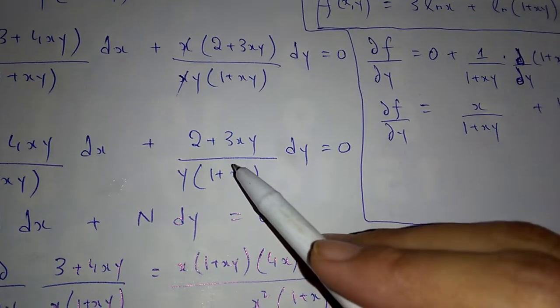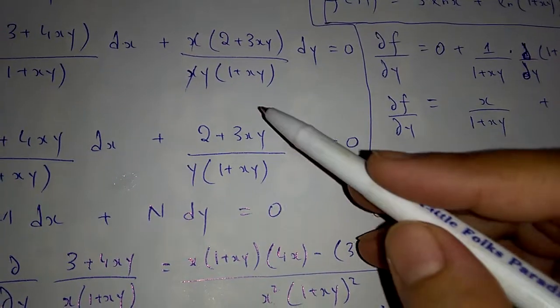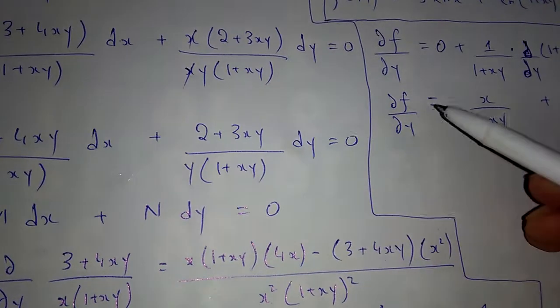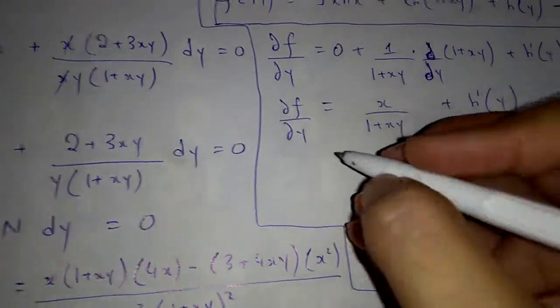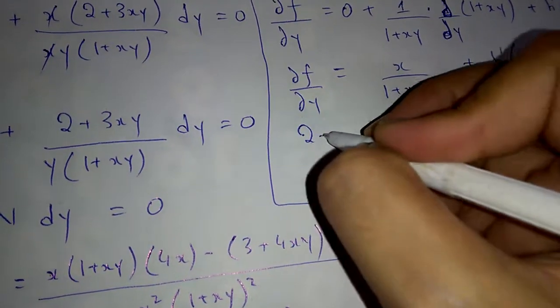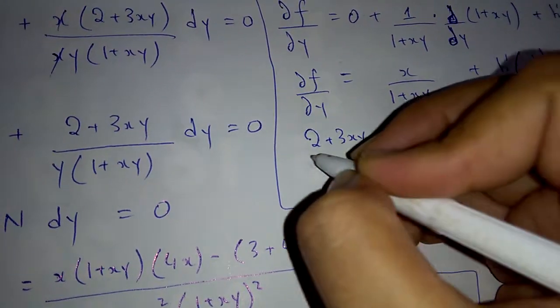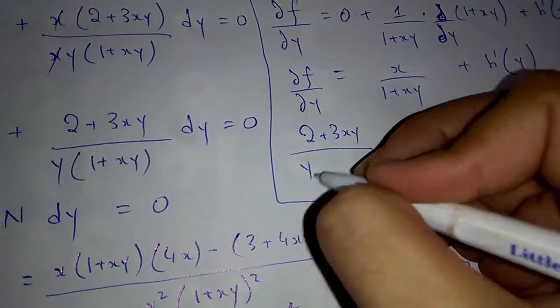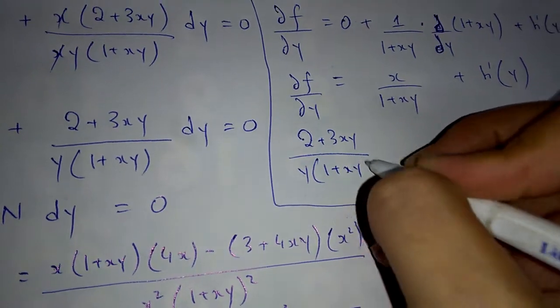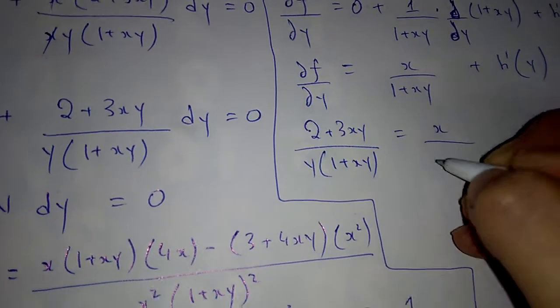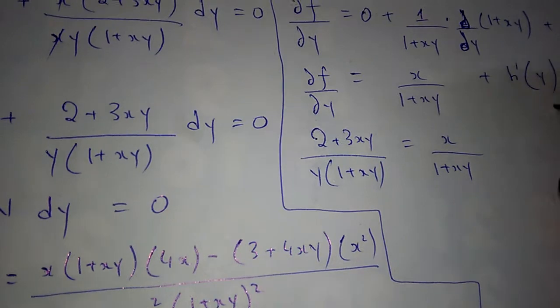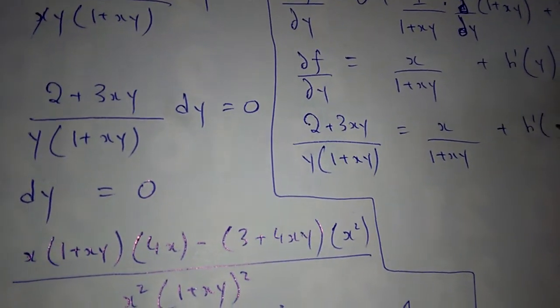So I'm going to write this function at this place: y times 1 plus xy equals x upon 1 plus xy plus h prime y.